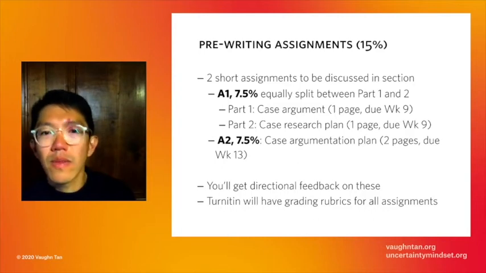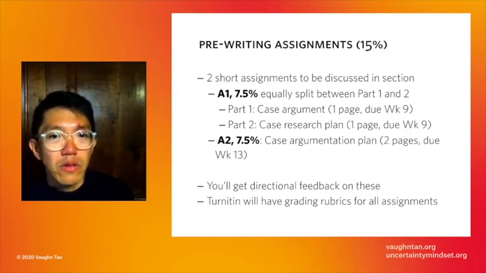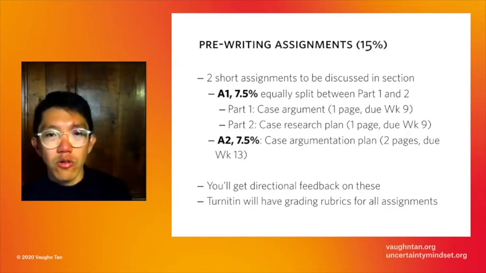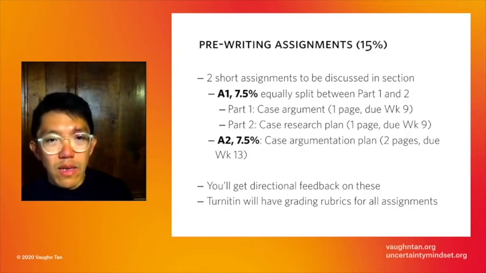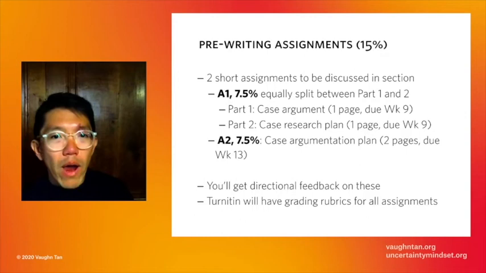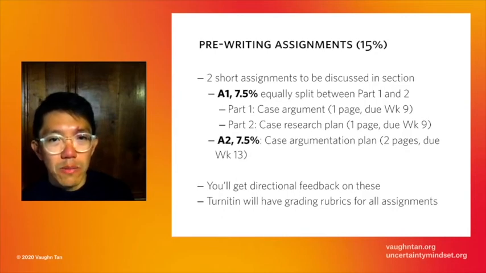Part 2 is a case research plan, and this also is 1 page long. In this case research plan, you should have done some preliminary research to figure out what information is available and what that does for your way of thinking about how to interpret all this information together. Essentially, the case research plan should tell the reader where all the information that you're going to use should be found and what kinds of information you're thinking about using.